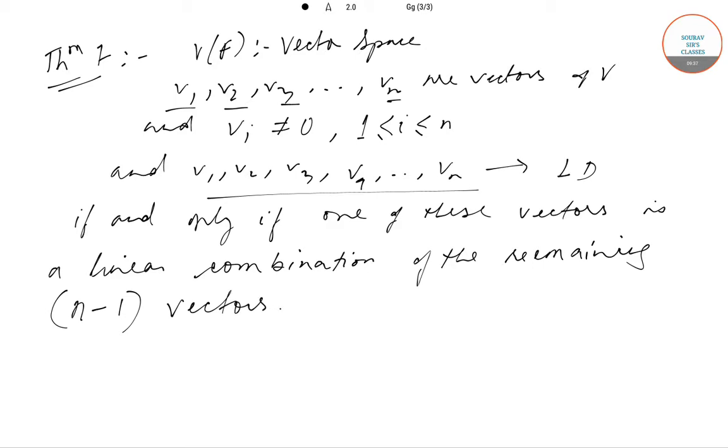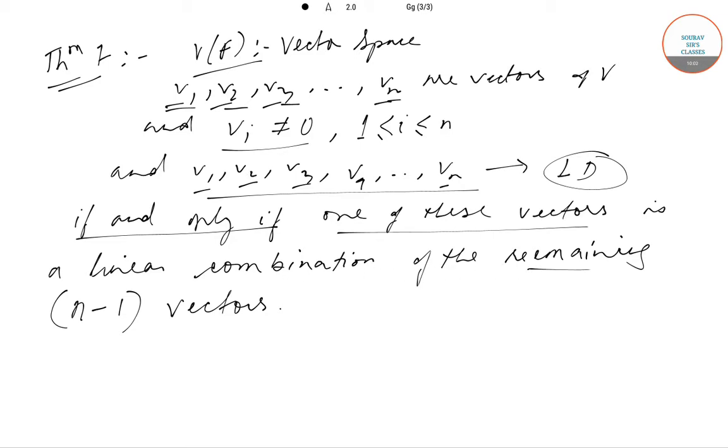So Theorem 7 basically states that we have the vector space V(F) and vectors v1, v2, v3 up till vn, and none of these vectors are equal to 0. Basically all the vectors are non-zero, and in that case the vectors v1, v2, v3 up till vn are linearly dependent if and only if one of these vectors is a linear combination of the remaining n minus 1 vectors.